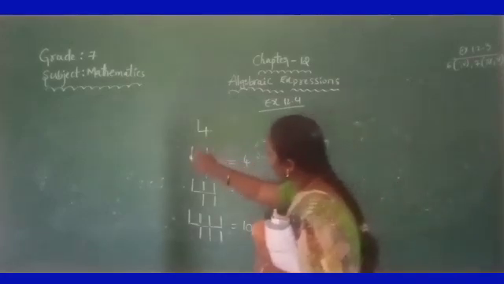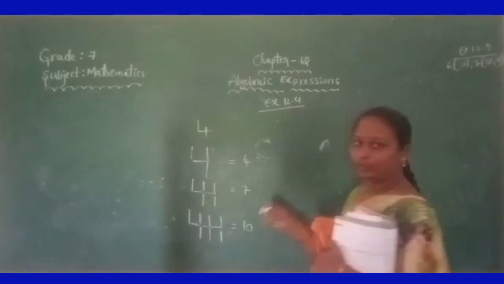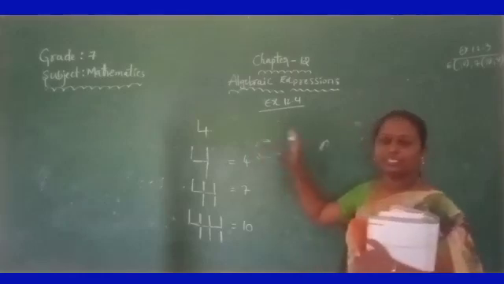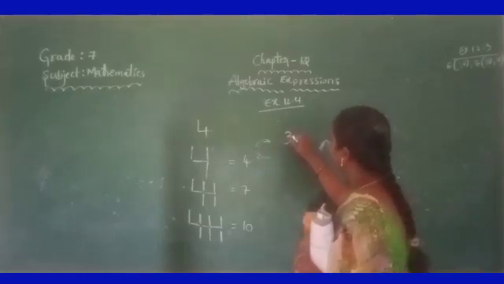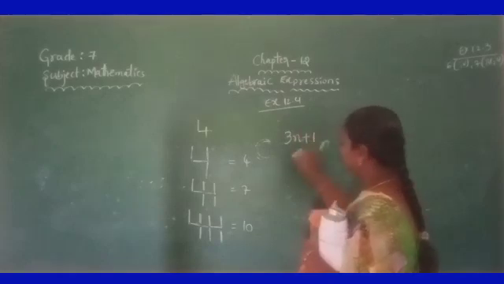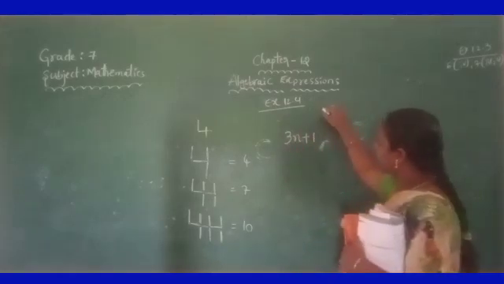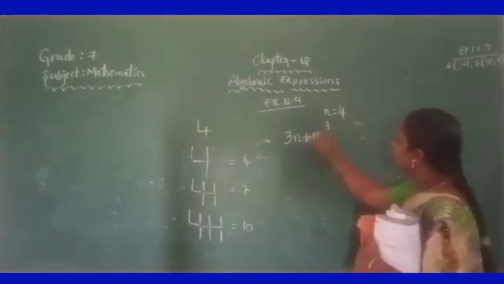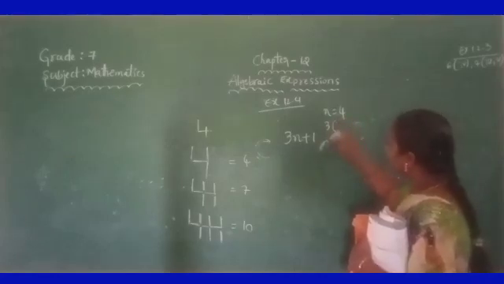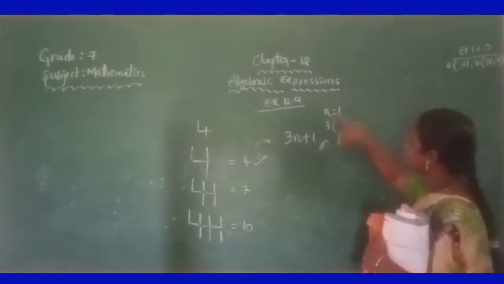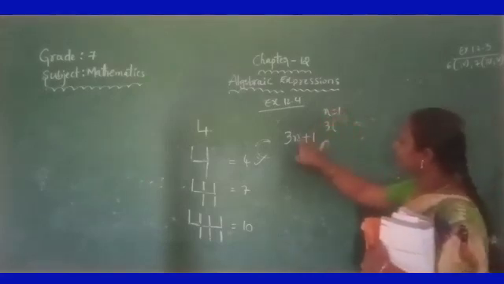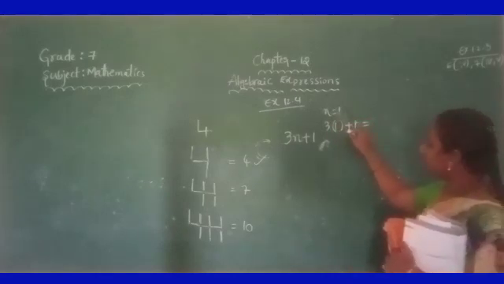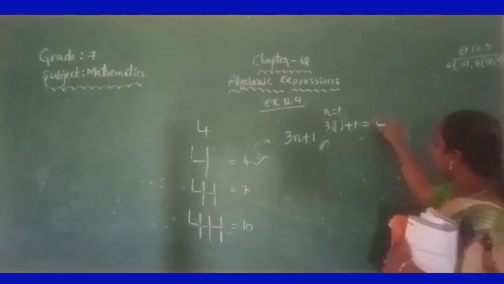To make the digit 4, how many line segments are required here? 4. So 4 is the successor of 3. Right. So here the pattern is 3n plus 1. If you take the first one, 1 four, substitute n as 1, that is 3 into 1 plus 1. 3 into 1 is equal to 3, plus 1 is equal to 4.